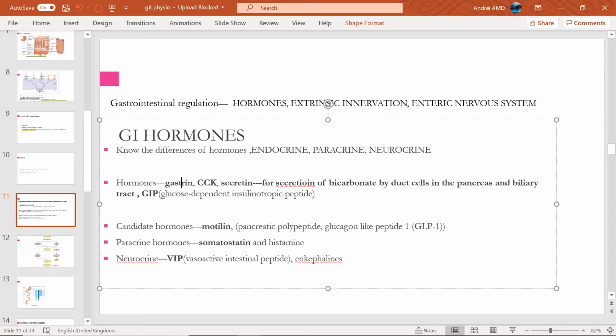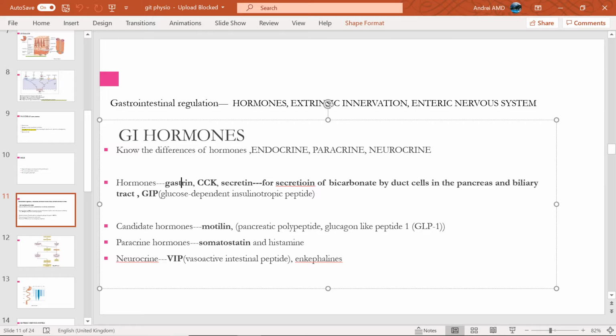And it inhibits gastric emptying, which means it slows down everything that's happening in the stomach so that it won't go straight to the duodenum. CCK is released by I cells. I know it's hard to remember, but I cells.